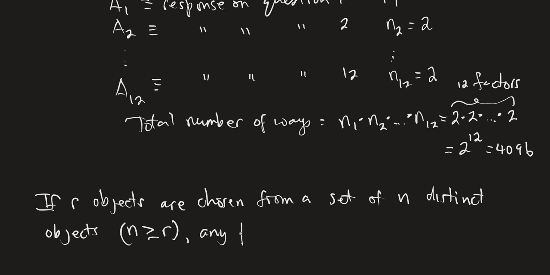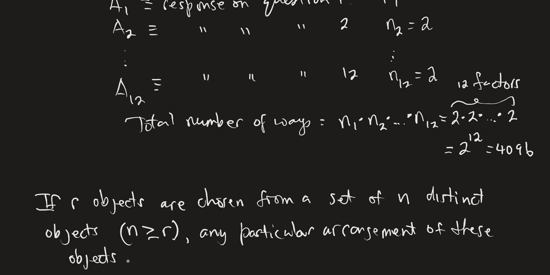So any particular arrangement of these objects is called a permutation.